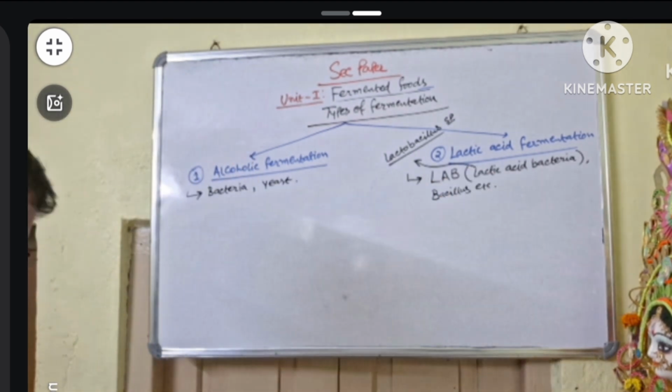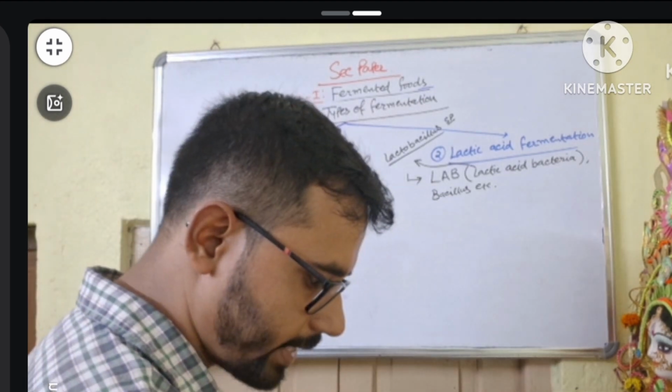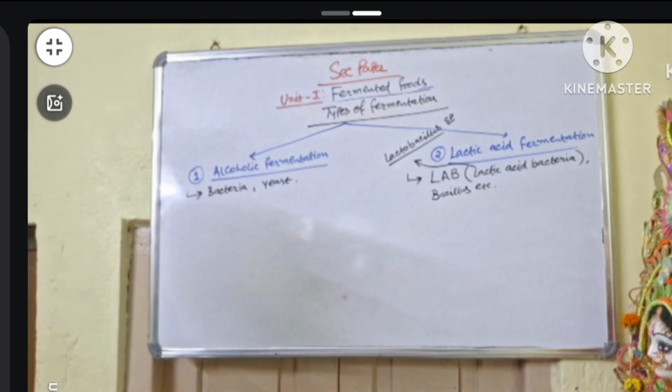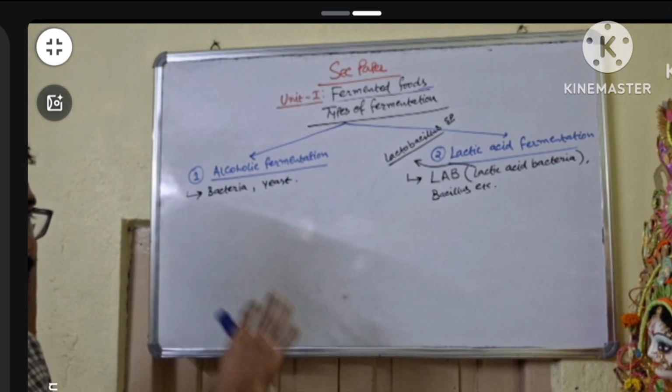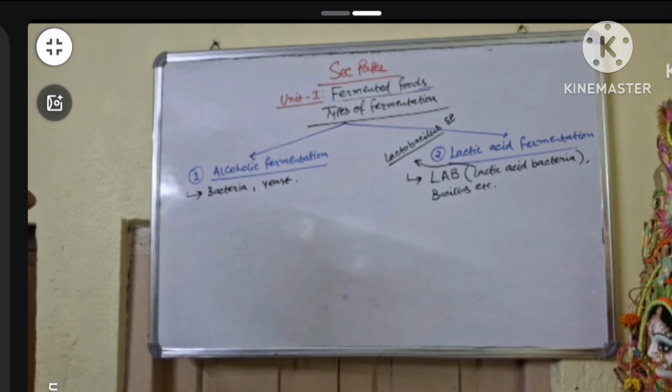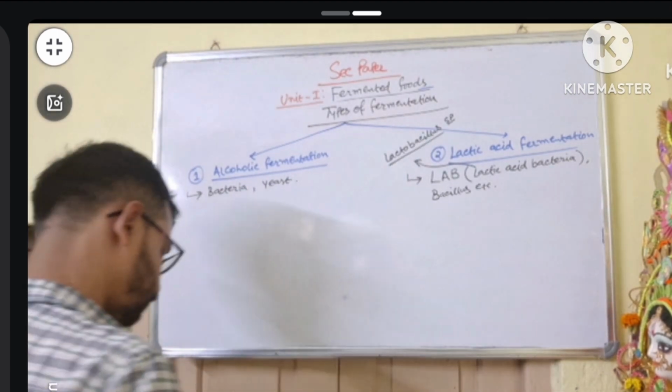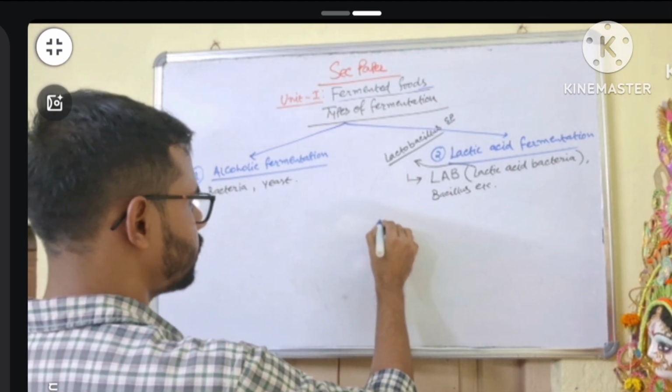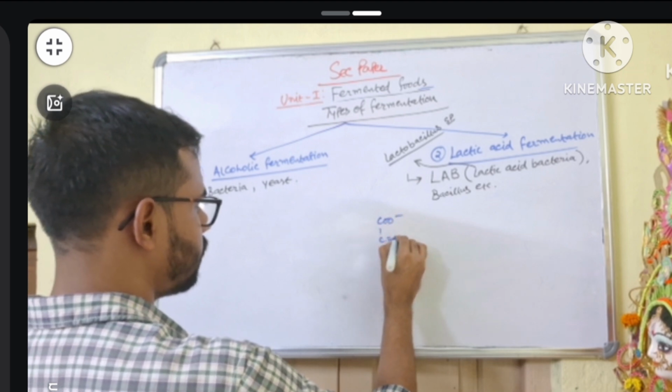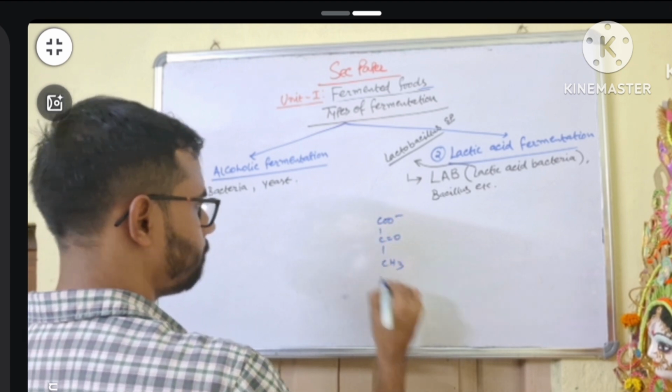In lactic acid fermentation, alcohol is not produced, an acid is produced, and the acid is lactic acid. The pyruvate structure is COO minus, C double bond O, CH3.